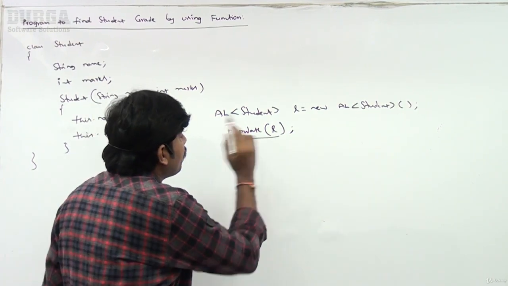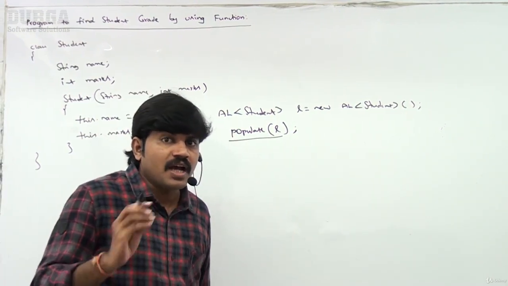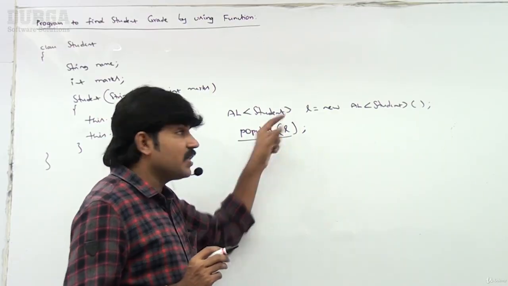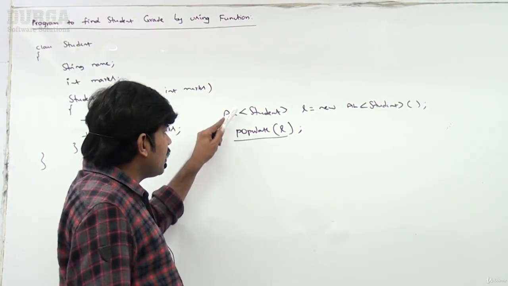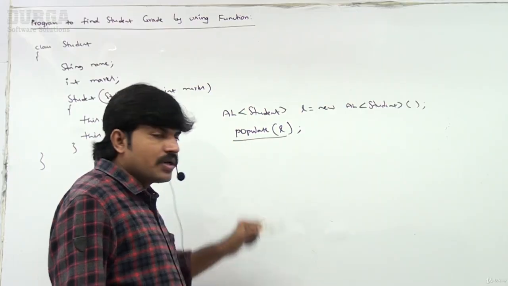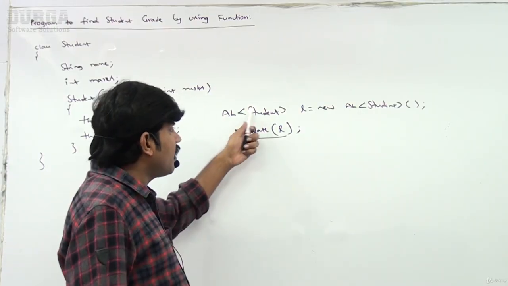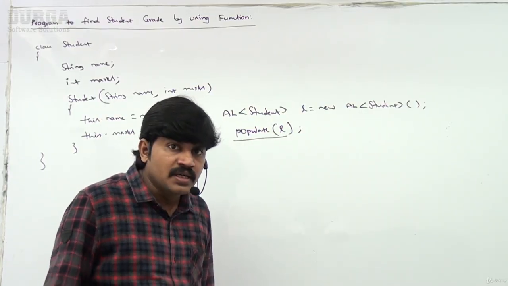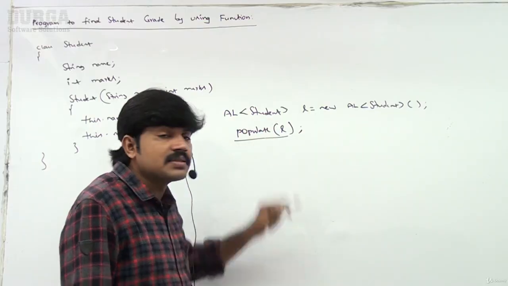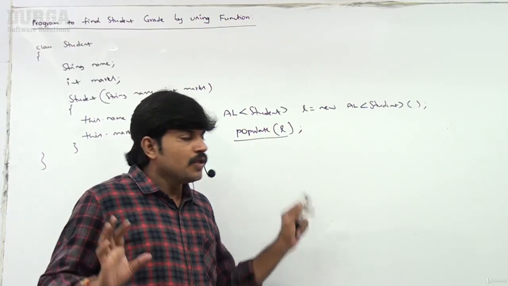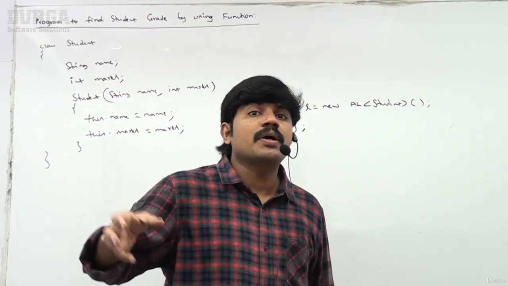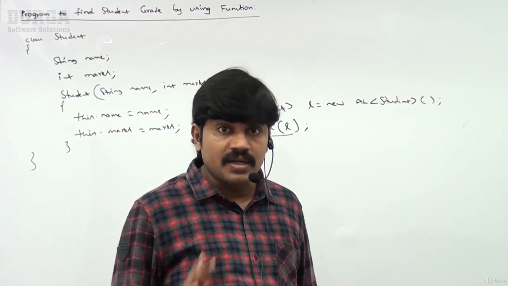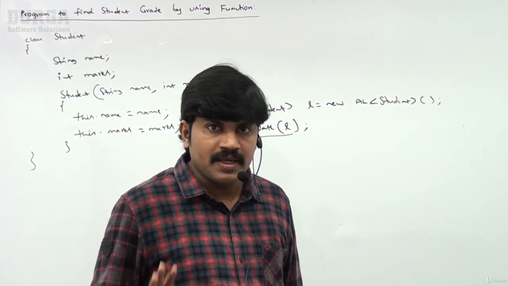It is my own method, in which I will add several student objects to this ArrayList. If you feel comfortable up to this, then I can go for how to write a function to find a grade and how to apply that function.